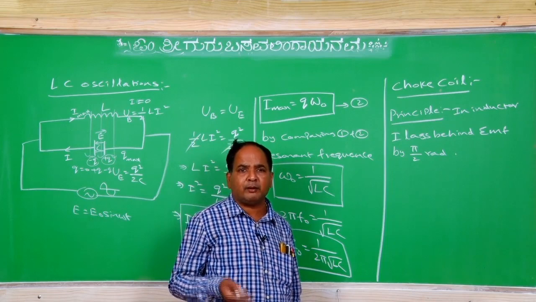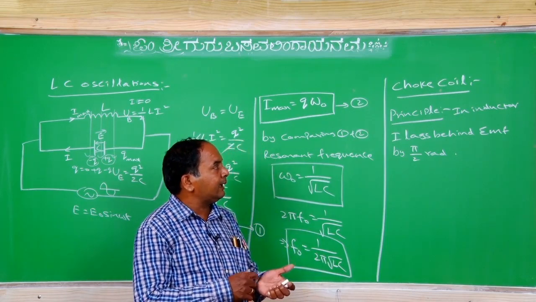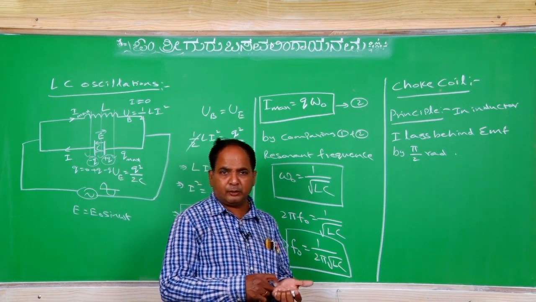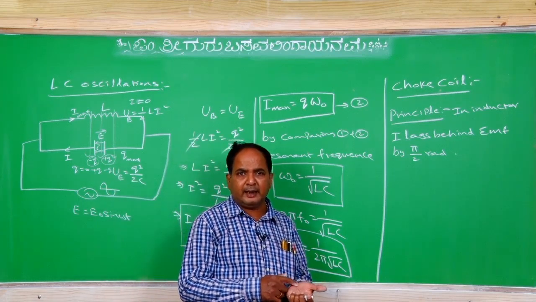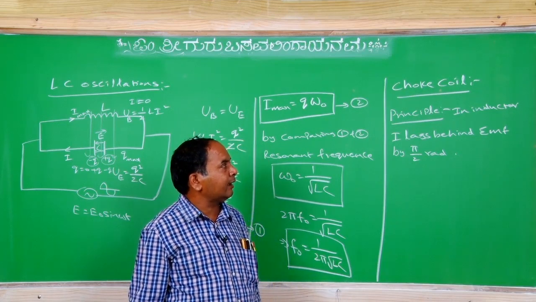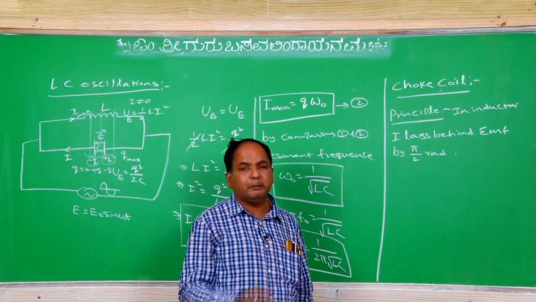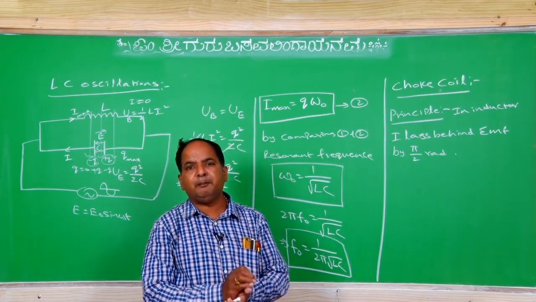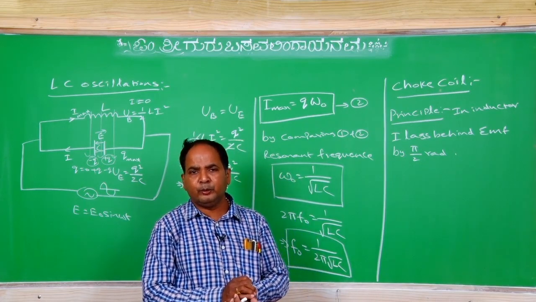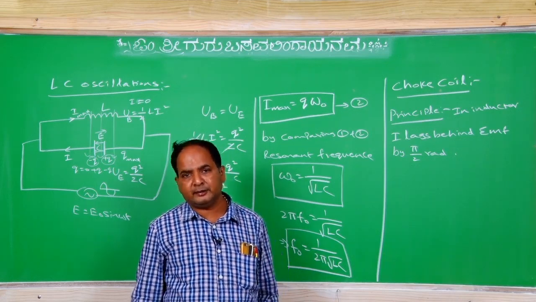Suppose the choke coil is not there, then the tube light can get blasted, due to the conversion of electrical energy into heat energy.